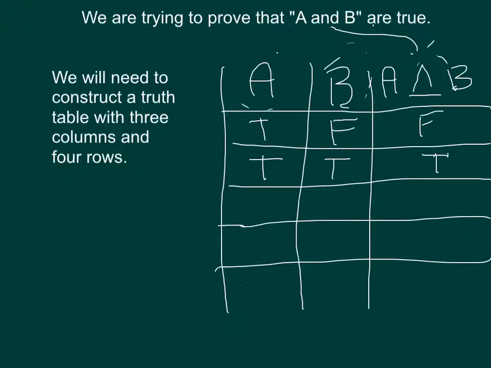Now, just let's say for kicks, let's say we don't have a dog. Let's mark that false. And let's say we have a cat, so let's mark that true. Now, do we have both A and B in this scenario? And we don't, so let's mark that false. Now finally, our last scenario would be that we don't have a dog and we don't have a cat.